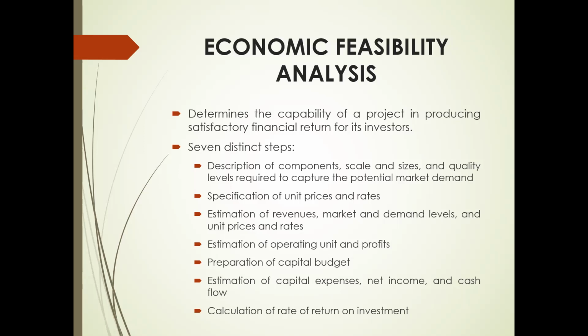So the next 2 steps are usually referred to as the production of forecast income statements that indicate the estimated revenues, operating expenses, and operating profits for the project. When estimating revenues, the total potential demand must be broken down into segments, and the applicable unit prices and rates must be multiplied against the resulting volumes in each segment.